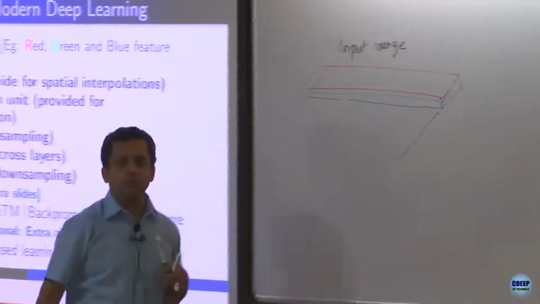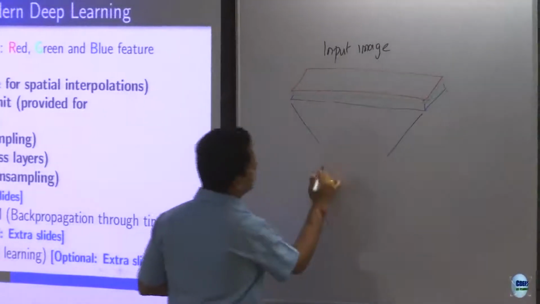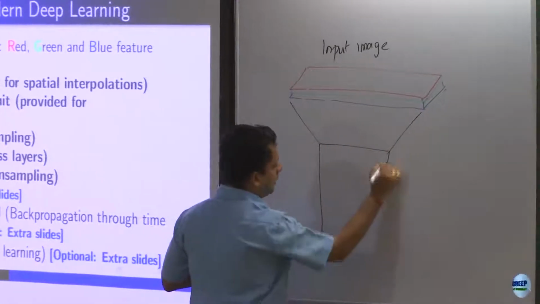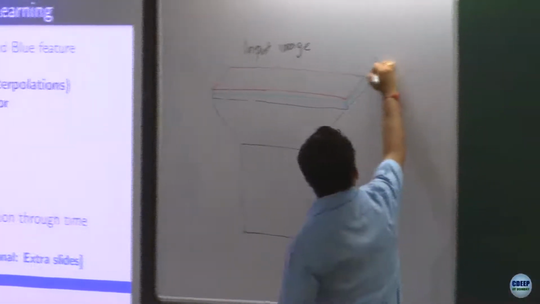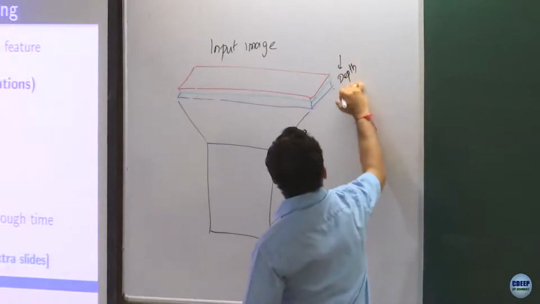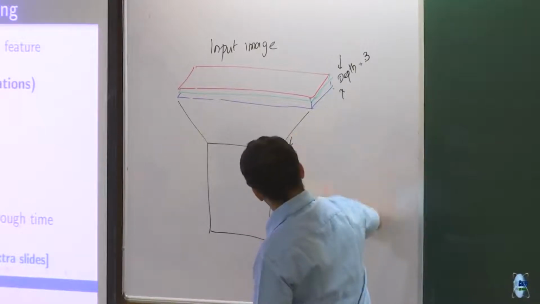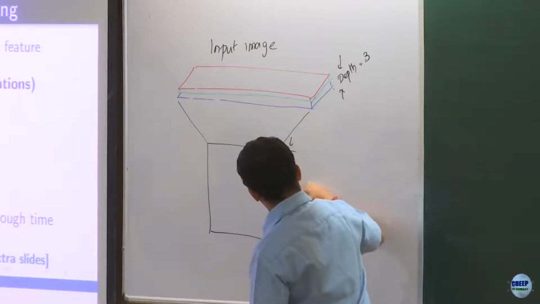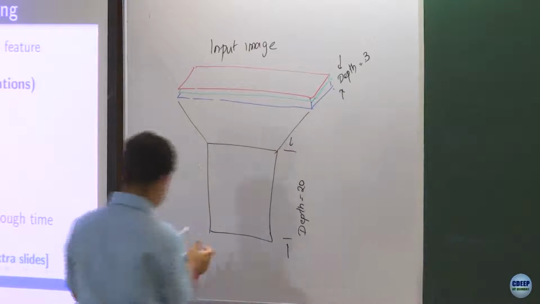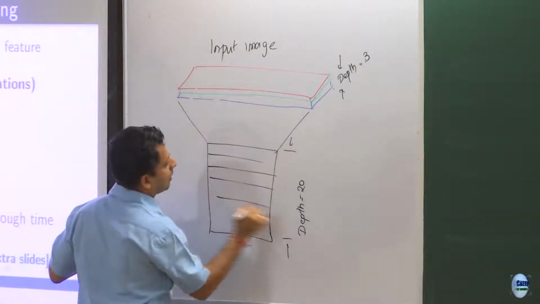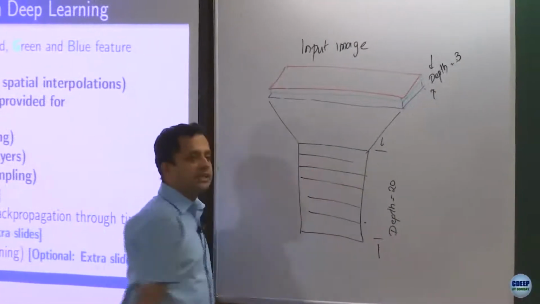There is an effect of funneling down by virtue of application of these different patches, of a patch along with strides and so on. But in that process, what you typically do is increase the depth. This is the depth. So the depth typically increases, say 20 or something like that. Now, in this process, we have also shrunk the length and the width.